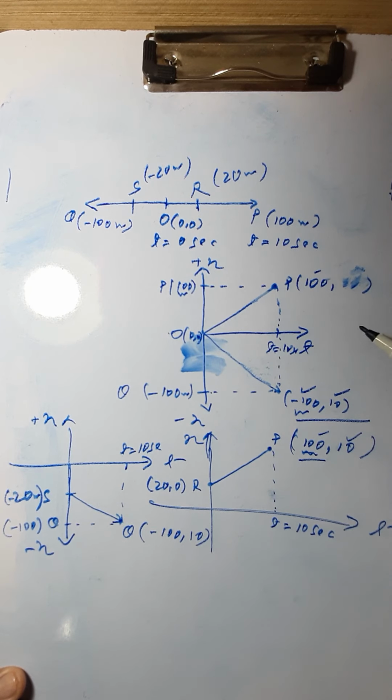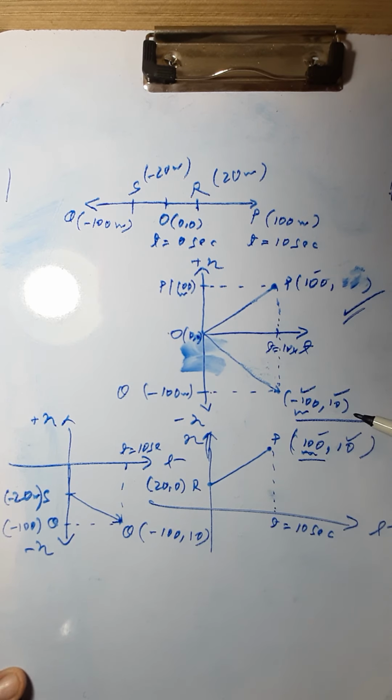So in the first two cases, the particle was at 0, 0 coordinates, so the graph originated from 0, 0, and at t equal to 10 seconds, it was at point P, 100 meter, and at point Q, minus 100 meter, in both cases.